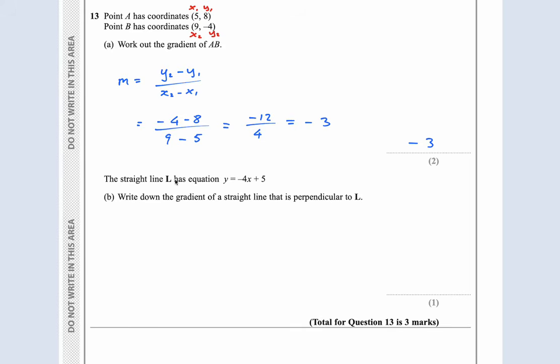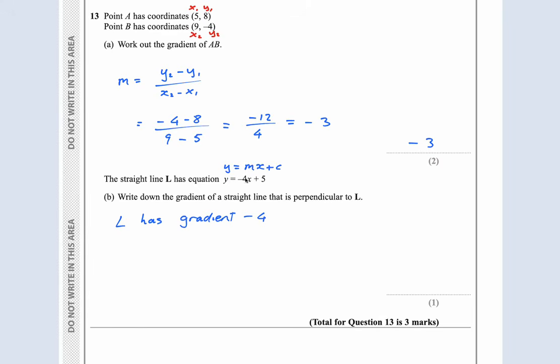Part B, the straight line L has equation this. Write down the gradient of a straight line that is perpendicular to L. So L has gradient negative 4 because it's mx. Remember, y equals mx plus c.